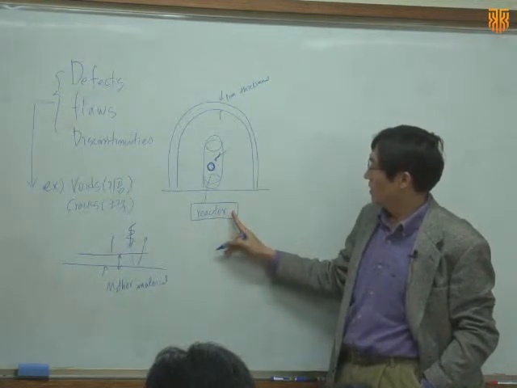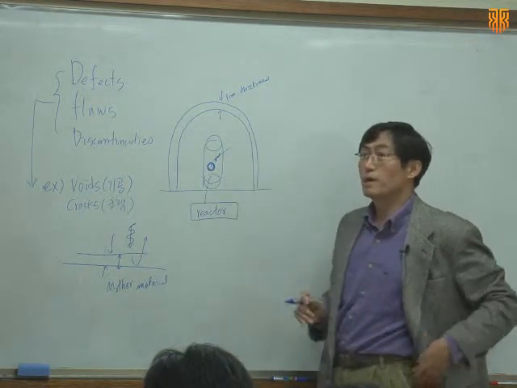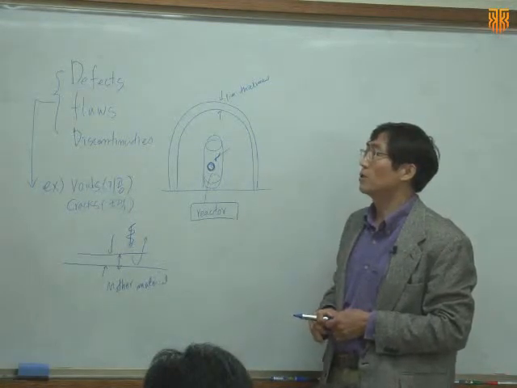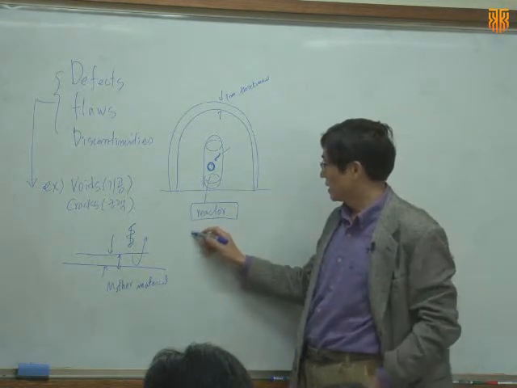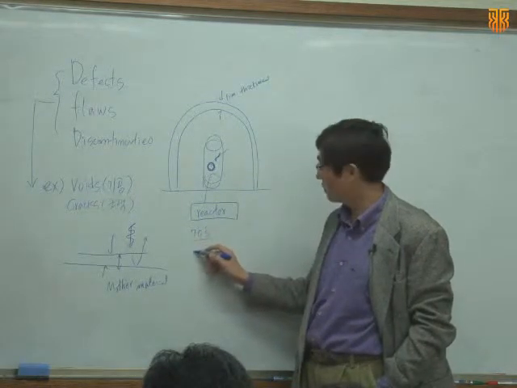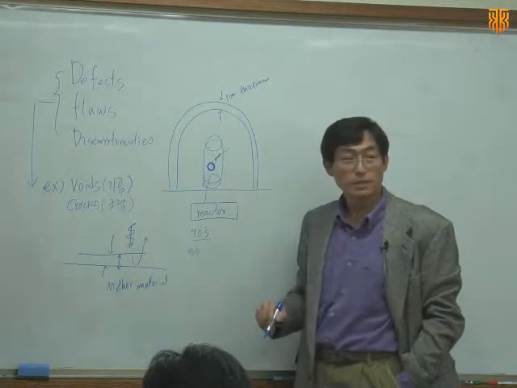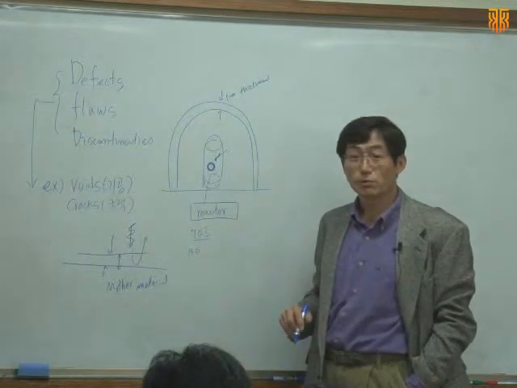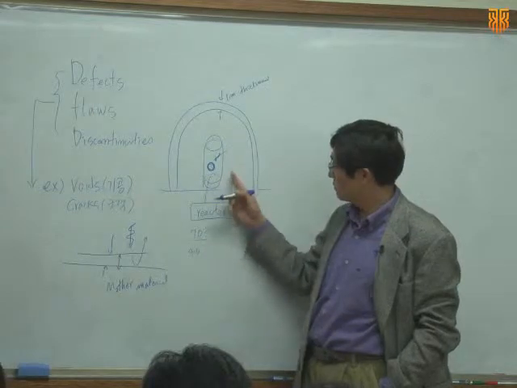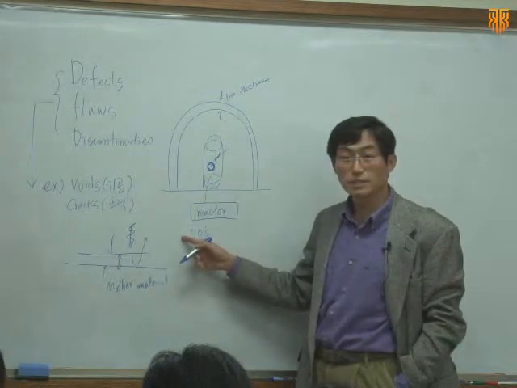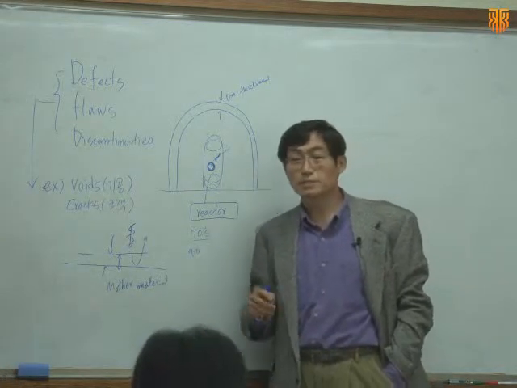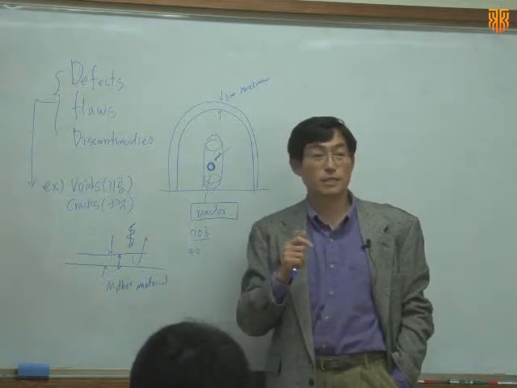Let's say the Fukushima nuclear power plant was built around the 70s, right? So it's already 40 years of operation, 40 years old, so very old, right? In that case, at the first time when it was built in the 70s, this material should be safe and right.